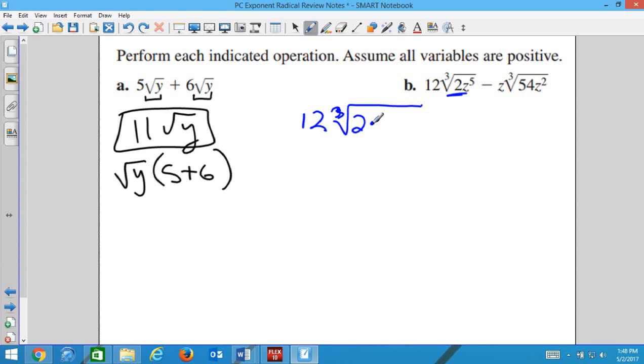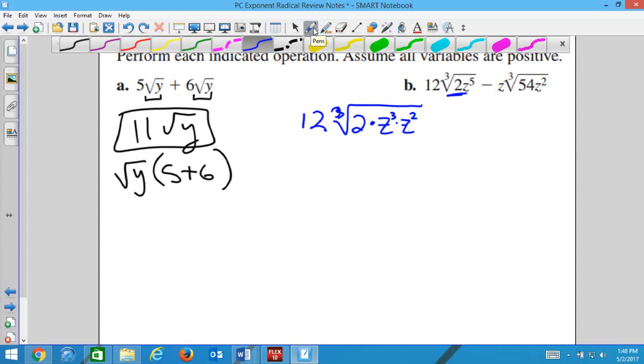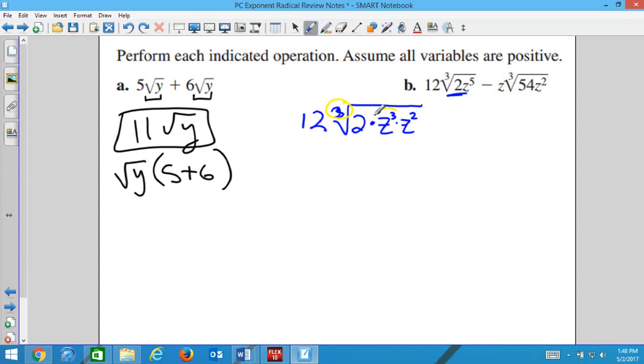But I want to simplify. So any powers of 3 I want to pull out. So when I have z to the 5th there, I'm going to do z to the 3rd and z squared. So I'm separating z to the 5th by putting 3 and 2. And then I can simplify the cube root of z to the 3rd.